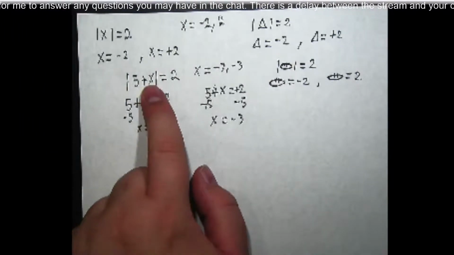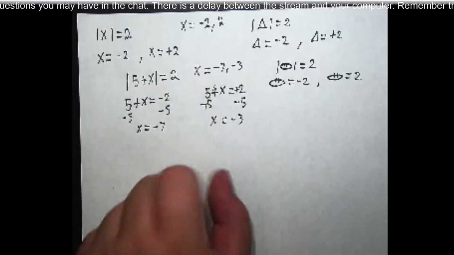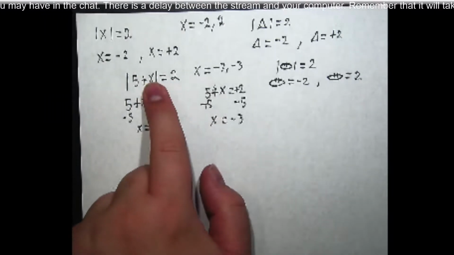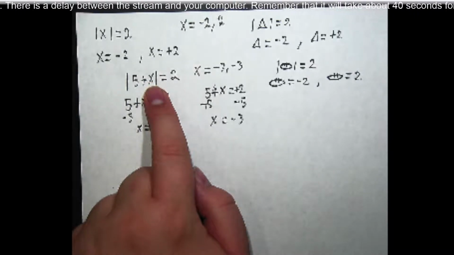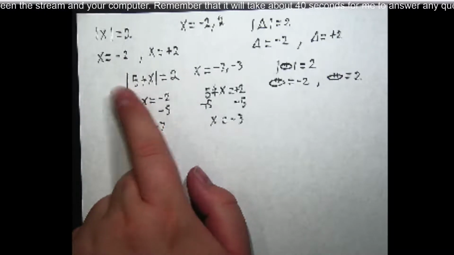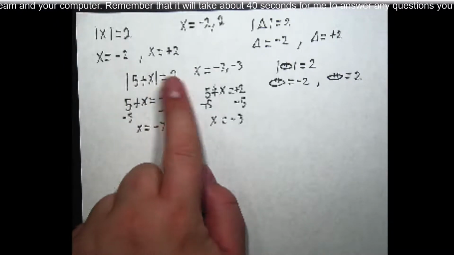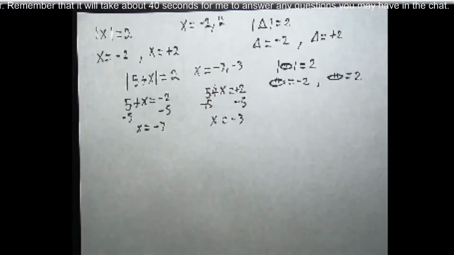Negative 2. And what's the absolute value of negative 2? Does that make sense? Good. All right, plug in negative 3. 5 minus 3 is 2. Positive 2. So absolute value of positive 2 is 2. So both of these work. Good.